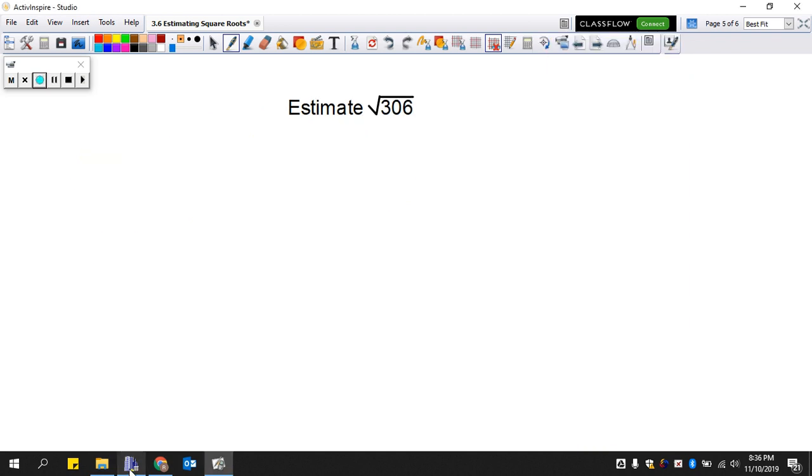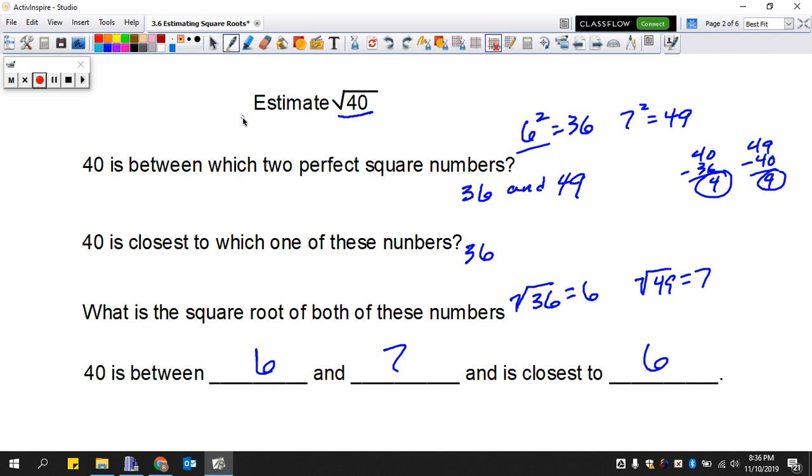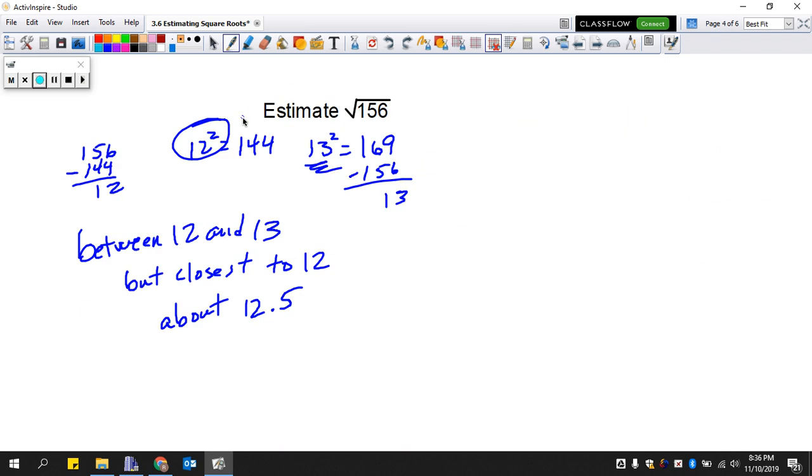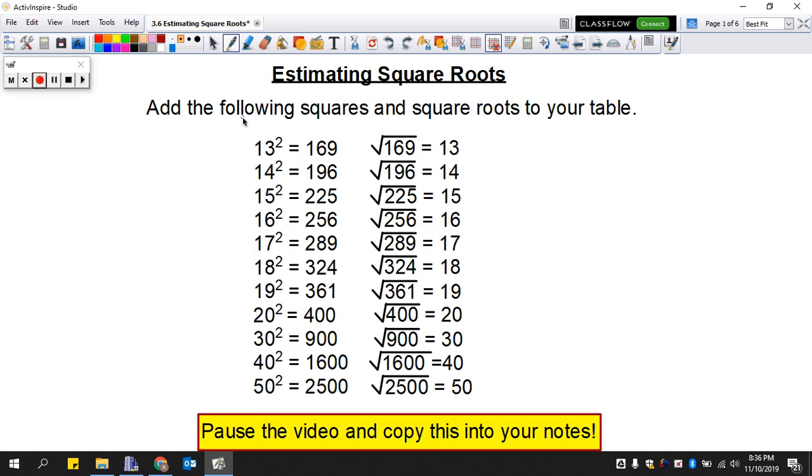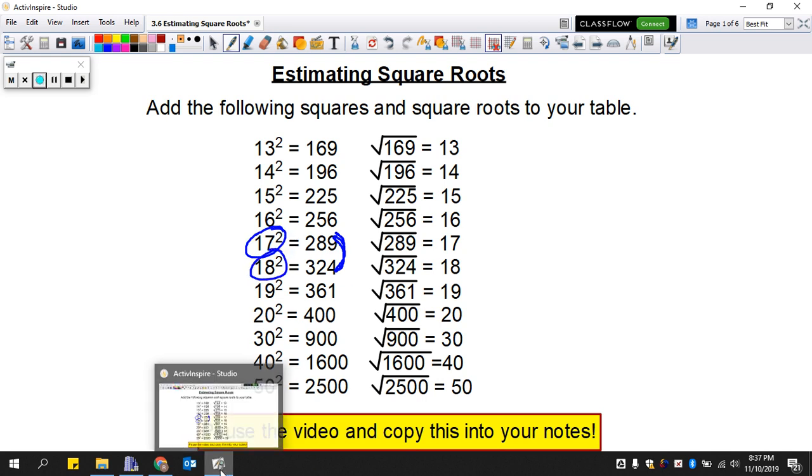All right, estimate the square root of 306. We might want to go back and look at the notes that we took. 306 is between 289 and 324, so between 17 squared and 18 squared.